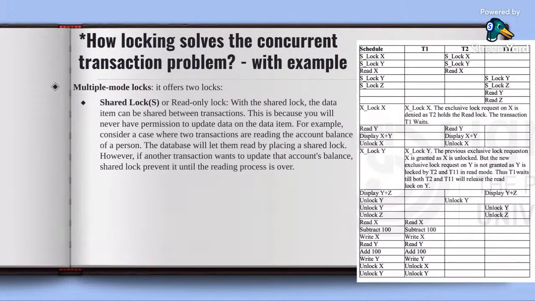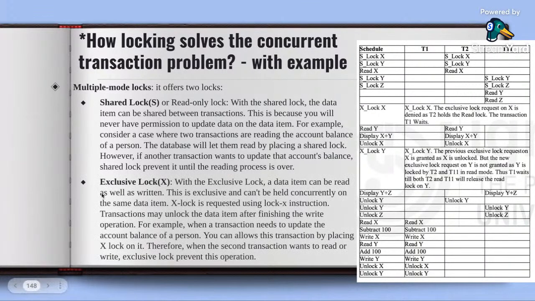This is because you never have the permission to update the data on the item. So shared lock is basically to do with the reading of the information. A lock can be shared between multiple transactions only because you're not updating the data, you're only reading it. So because you're only reading it, it's okay to be shared between multiple transactions. That's what shared lock is.